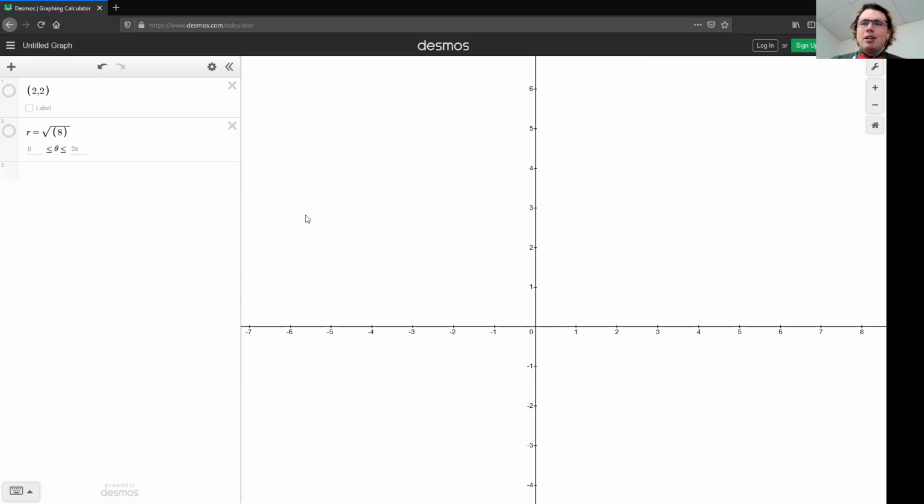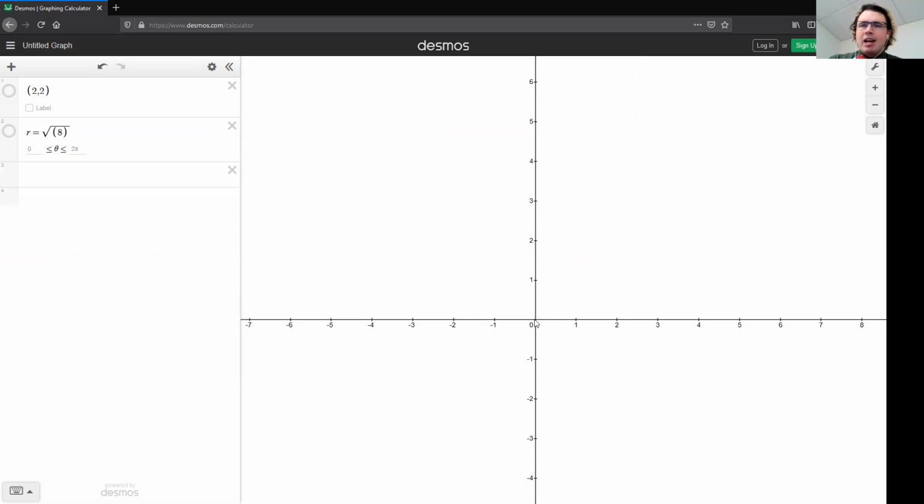To graph in polar coordinates, we're going to use theta as the independent variable. So we're going to start at the origin, and we're going to pick a direction first. And then depending on what that direction is, the formula for my function will tell me how far to go.